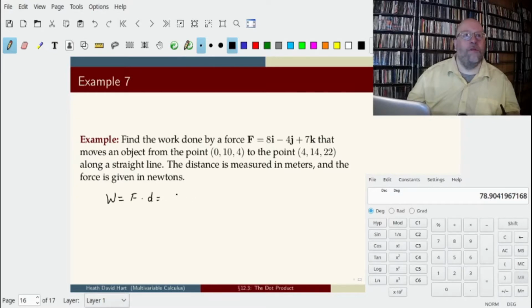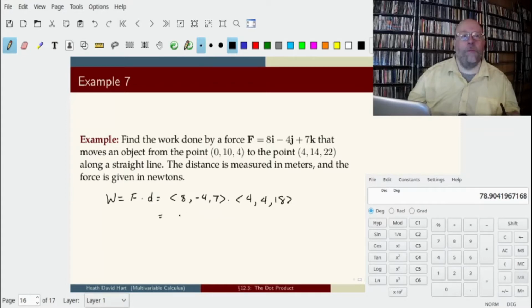The force is <8, -4, 7>. And the distance that it moved is the difference between these two points. In the x-coordinate, it went from 0 to 4. That's 4 units. In the y direction, it went from 10 to 14. That's also 4 units. And in the z direction, it went from 4 to 22, which is 18 units.